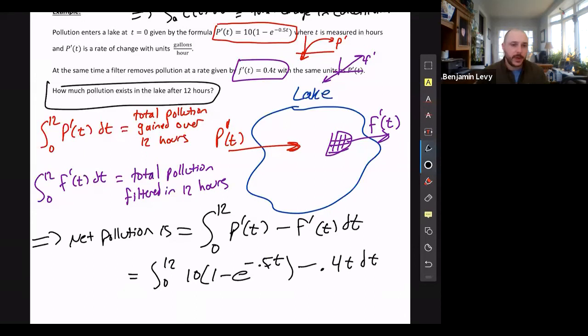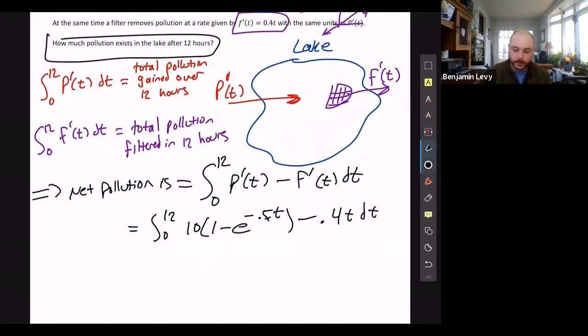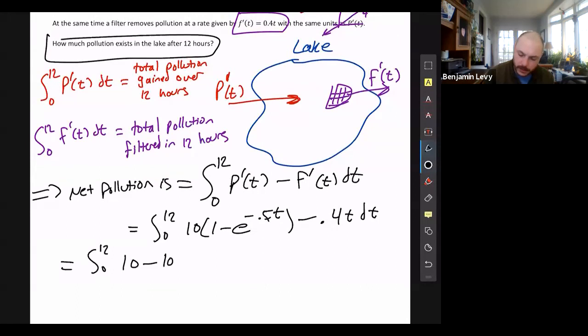Right, and we have rules for both these things. The 0.4 T to the first is the anti-power rule. Let me actually rewrite it and then we'll think about that. I don't want to spend too much time on this unnecessarily, but it's good to help think about how we'd actually do this.